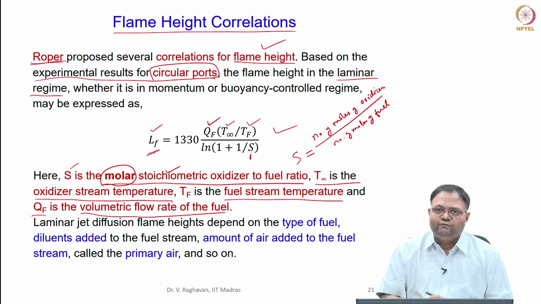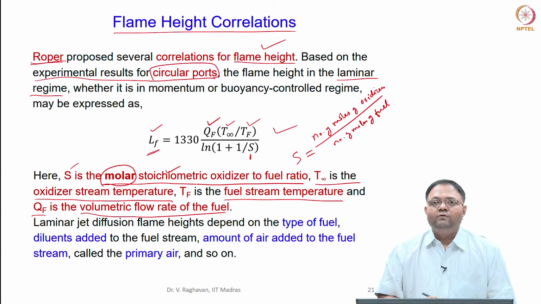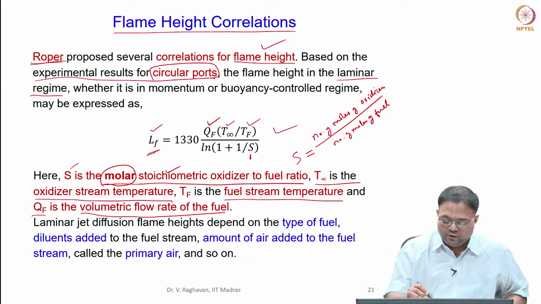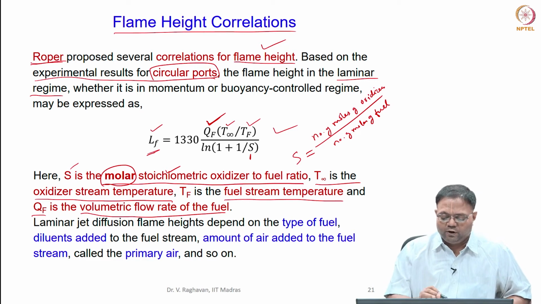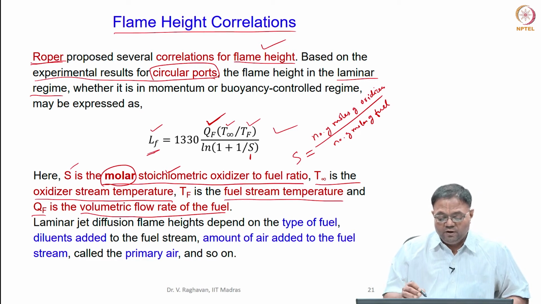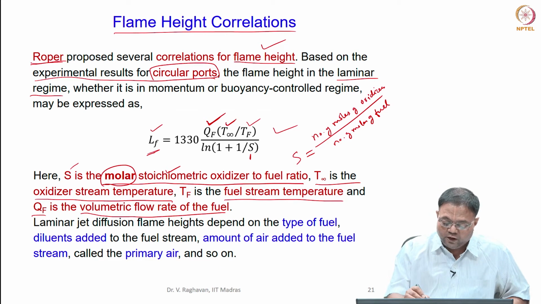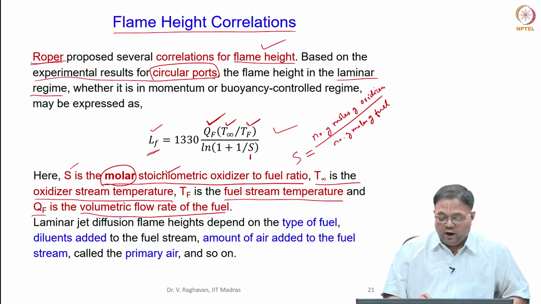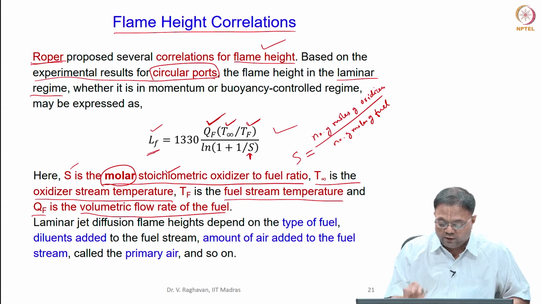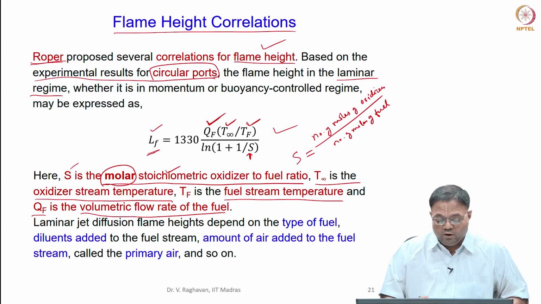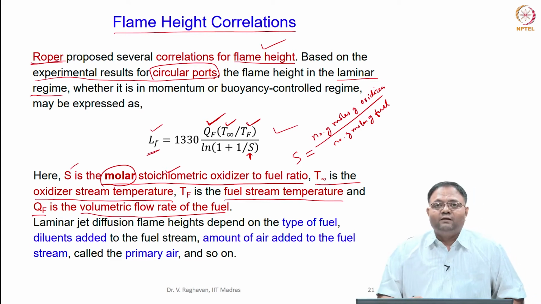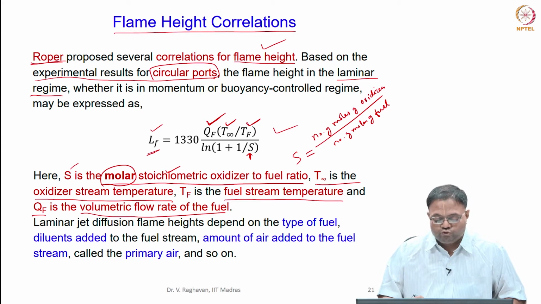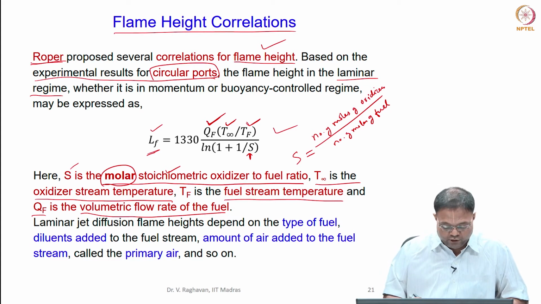By equating them, we found that the flame height depends on the volumetric flow rate. That is what is correlated here, and we also require the temperatures of the oxidizer and fuel streams, and the molar stoichiometric oxidizer to fuel ratio. This L_F has been correlated for several fuels, and experimental results have been used to arrive at this empirical correlation.